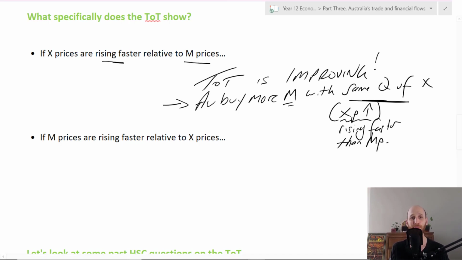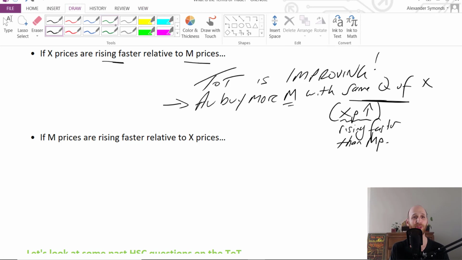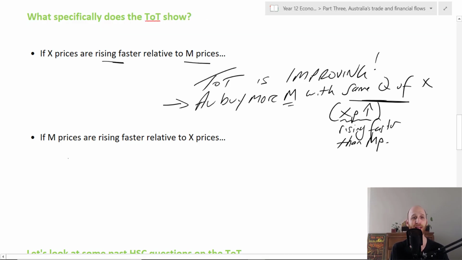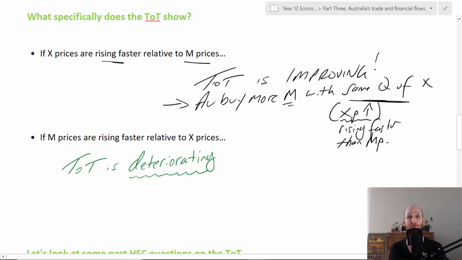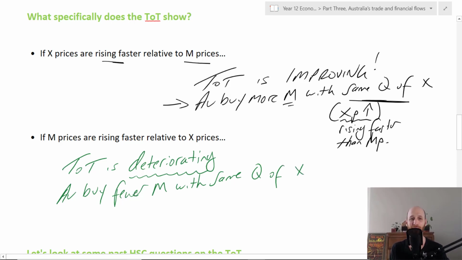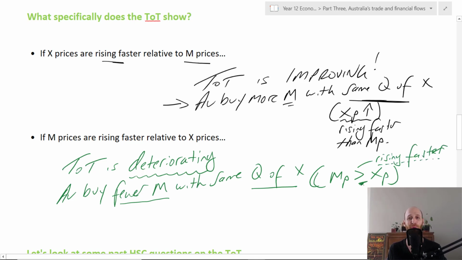If we flip the script, the terms of trade is deteriorating. Australia can actually buy fewer imports with the same quantity of exports because import prices are rising faster than export prices.